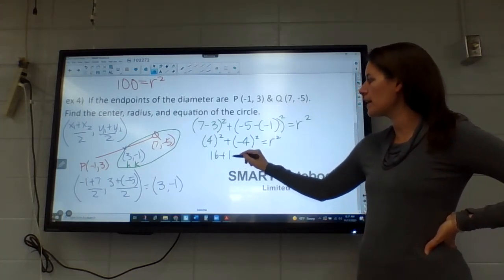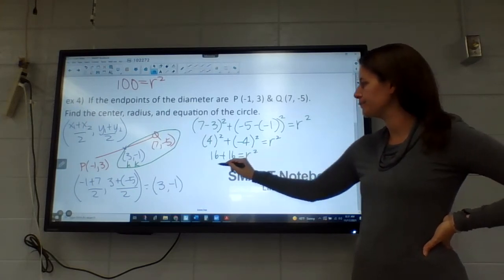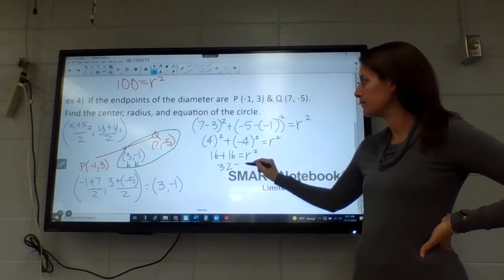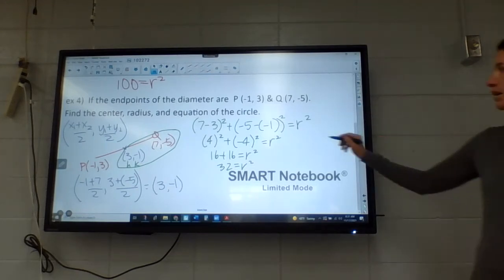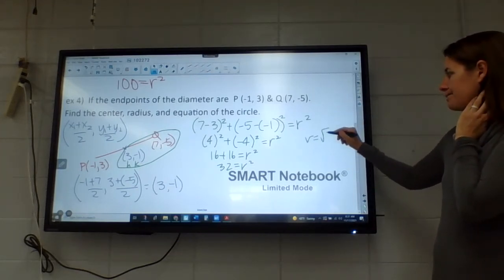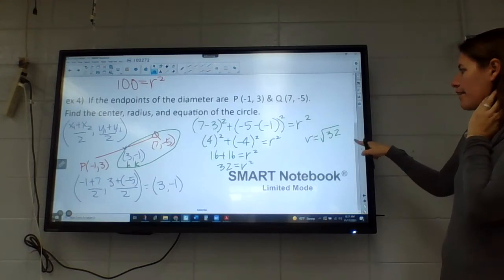Remember, when you square a negative, it becomes a positive. So this time the radius is a decimal. That's perfectly okay. This will happen. Don't let that bother you. Square root of 32 is not a nice number. So the radius would be the square root of 32, which would be like 5 point something.